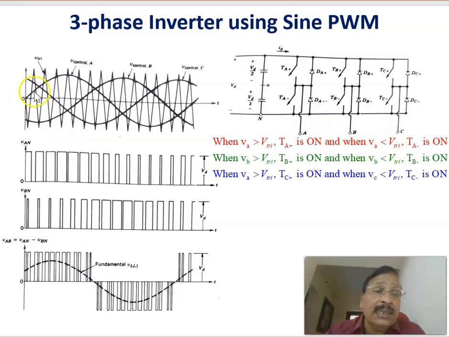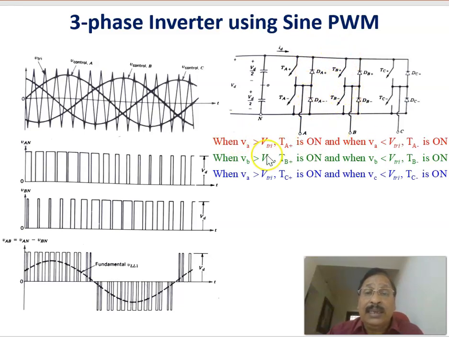When this control voltage is less than the triangular voltage, then TA minus is on. TA minus on means the leg is connected to the neutral point, so VAN will become 0. This is the control law for this leg.